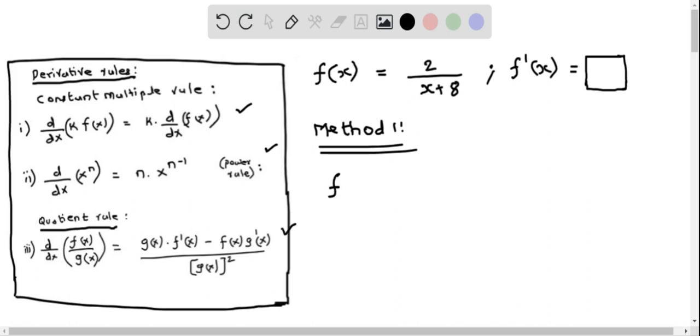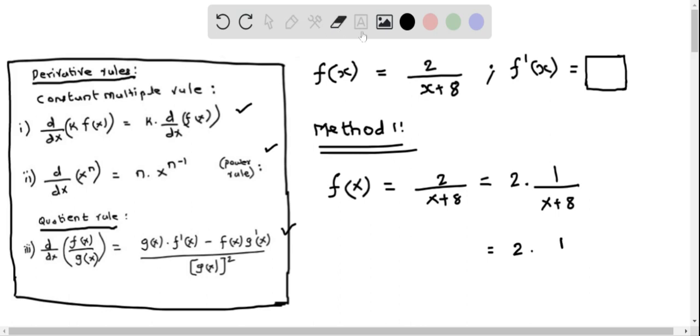First let me copy this f of x. We have f of x equals 2 over x plus 8. This is a rational function. I'm going to rewrite this rational function as something like this. I can observe that this could be written as 2 times 1 over x plus 8. And then in the next step, I'm going to rewrite this once again as a power of x plus 8.